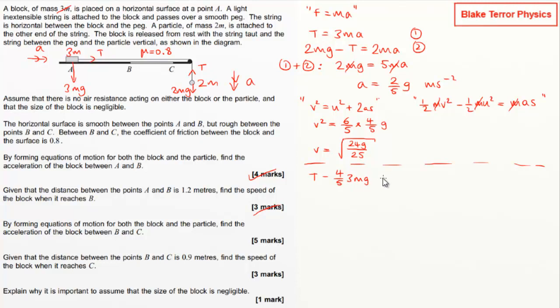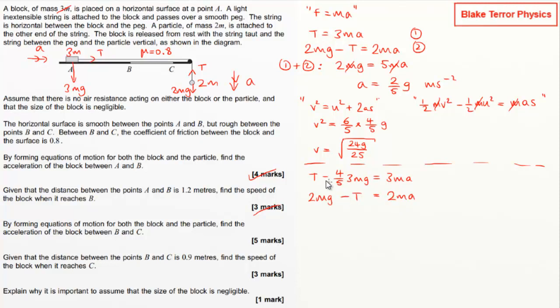So that is for the block, that's going to be equal to 3m times the new acceleration. And then we've still got 2mg minus T is equal to 2ma on the other one.